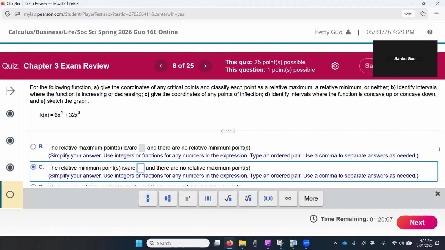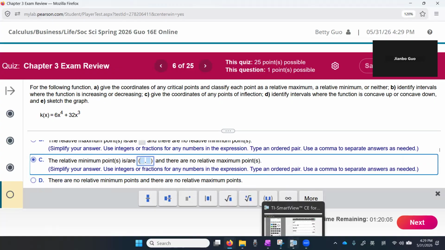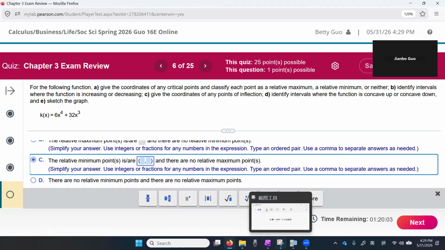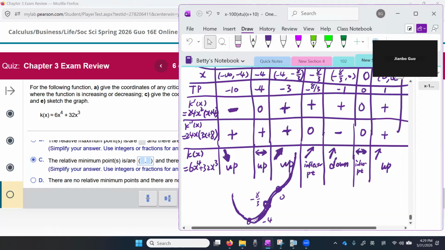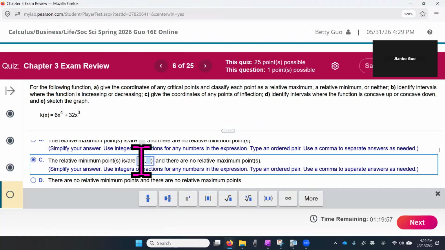The minimum occurs at x equals negative 4. So what's the y value of the function?